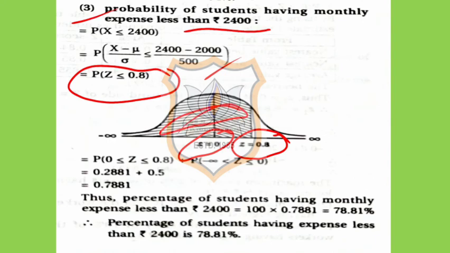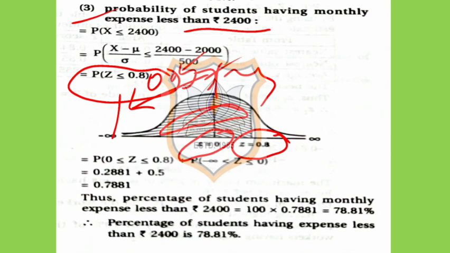Now again you know, from central to the extreme towards left, this whole area is 0.5. So we have to find the area from 0 to 0.8 and add it to 0.5. So the answer will be probability of 0 less than or equal to Z less than or equal to 0.8 plus 0.5.